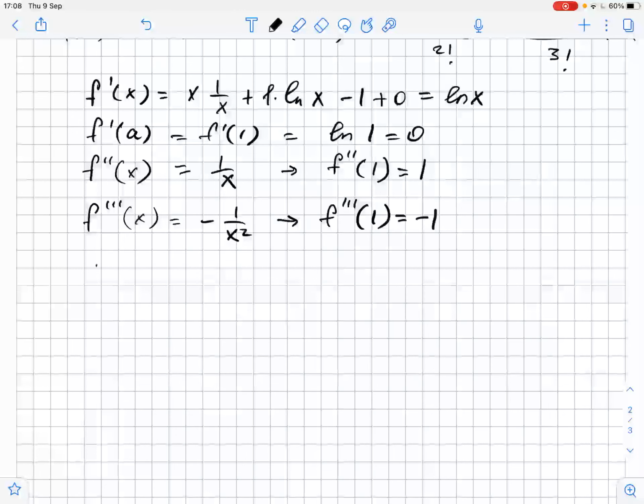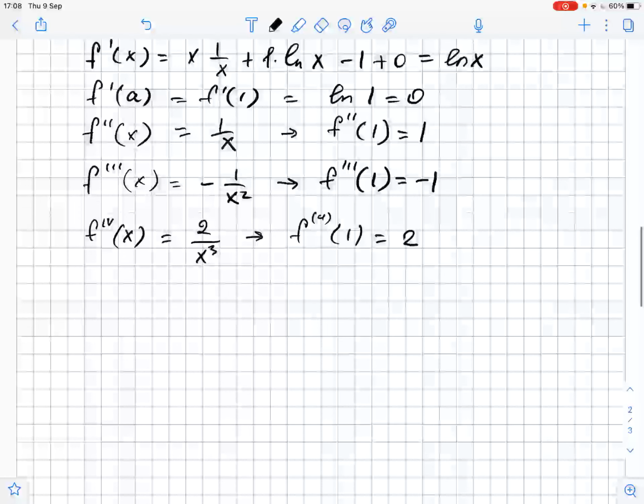Finally, the fourth order derivative of f of x equals 2 over x cubed. Then the fourth order derivative of f of 1 equals 2 over 1, so just 2.